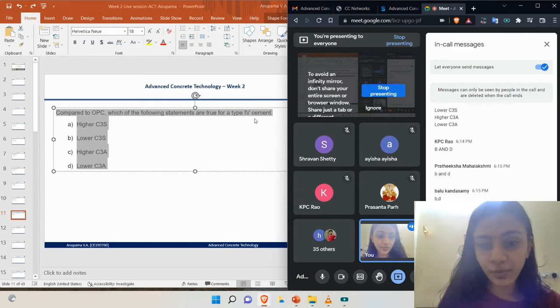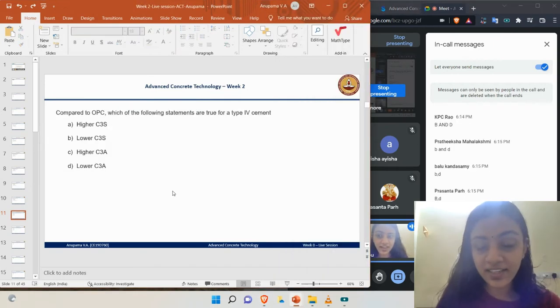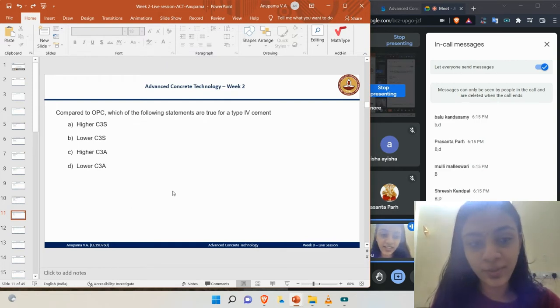Type 4 cement: does it have higher C3S than OPC, lower C3S than OPC, or higher C3A than OPC, or lower C3A than OPC? I can see different answers.